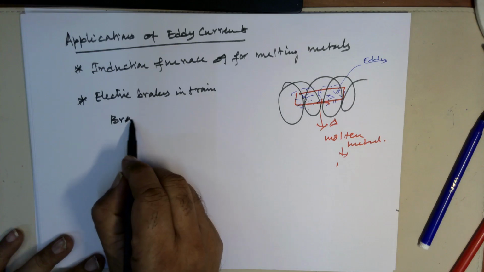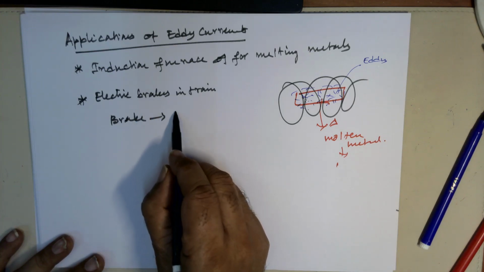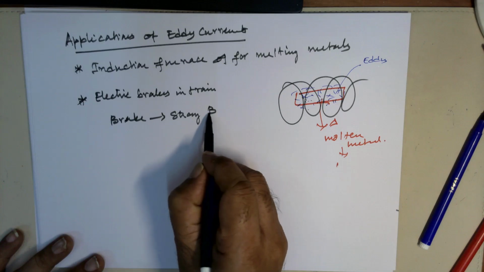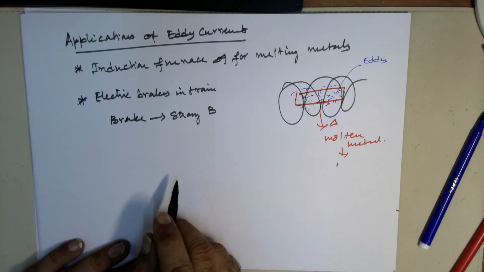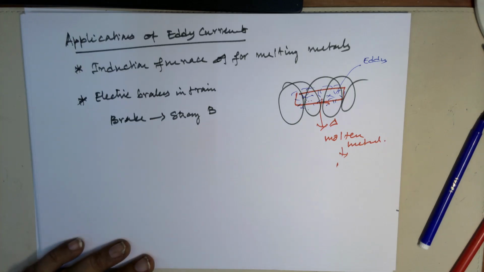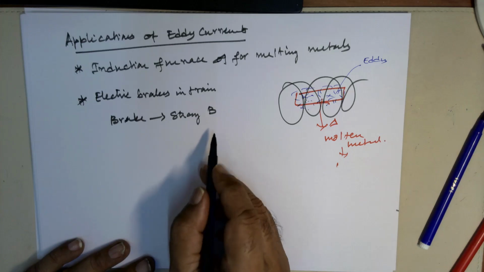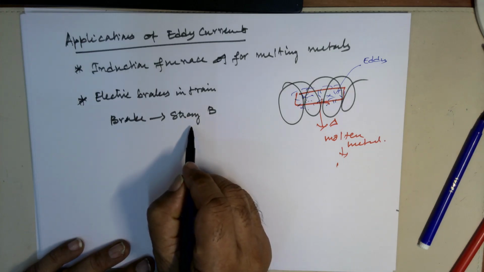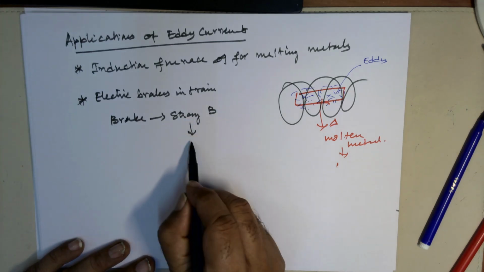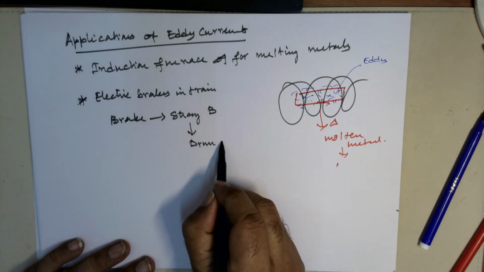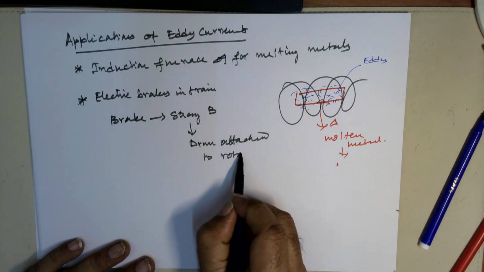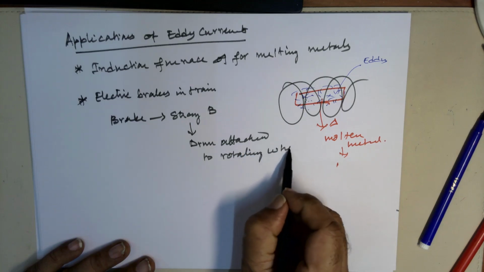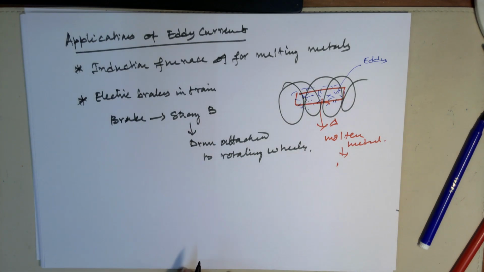When you apply brake, a strong magnetic field is set up, and this is attached to the drum, to the rotating wheels.